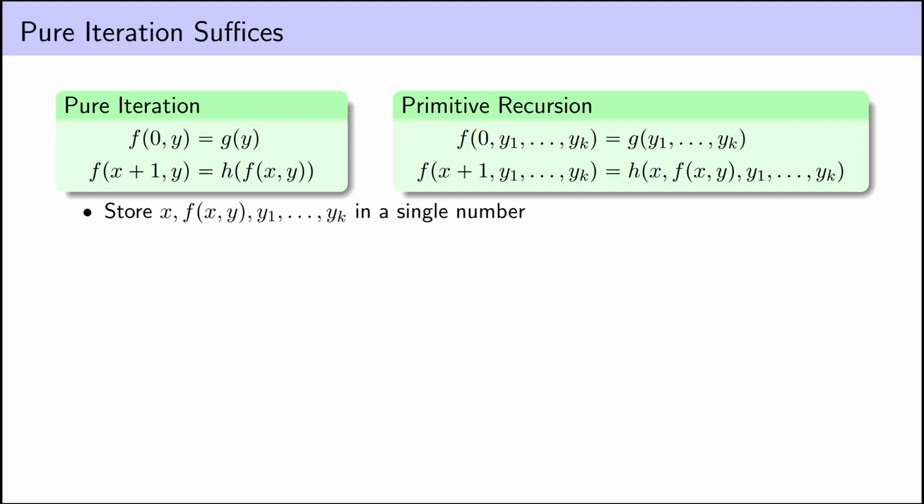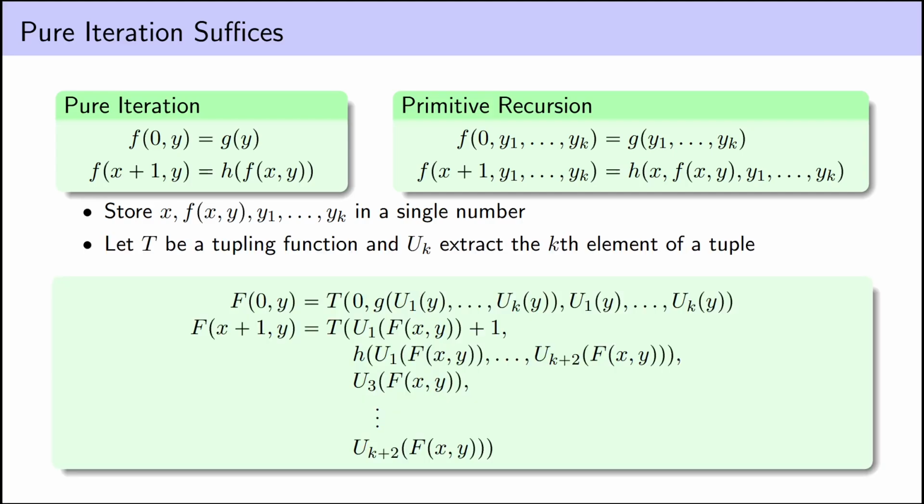So the solution is simple. We're going to encode in the output of our function f not just the value that we want, but also all the other data that h needs. So when we feed the previous value of f into h, it can decode that data and use it as necessary.